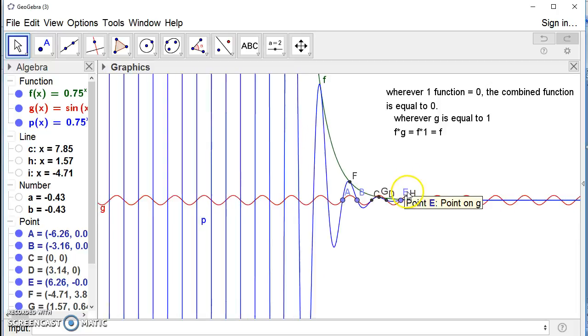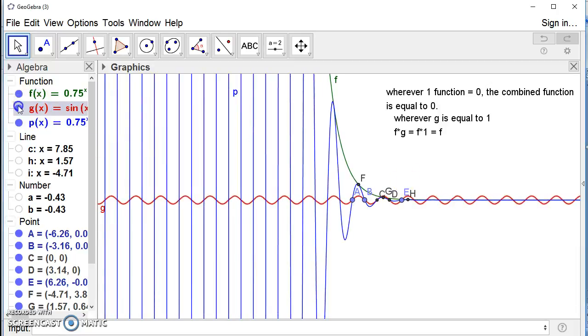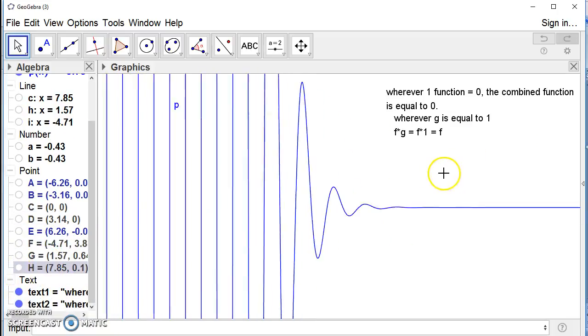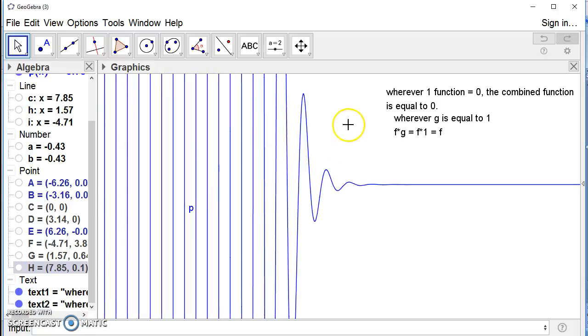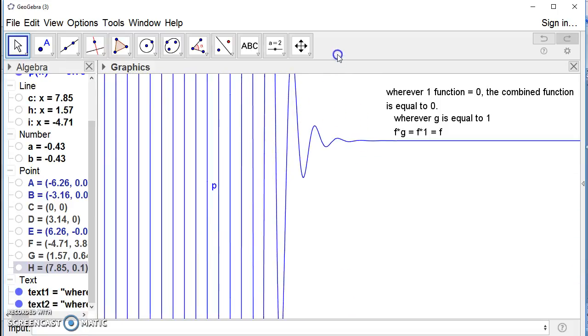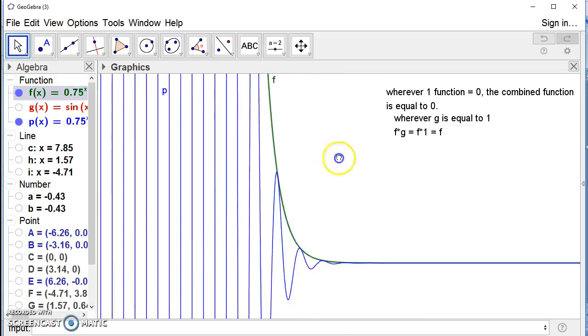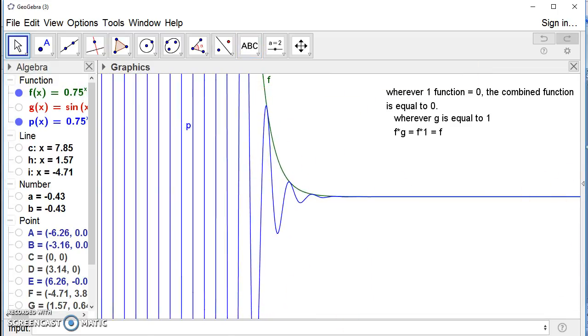Like I say, it's a wave that, if we get rid of all these points, you can see a bit better, has exponential decay in it. The amplitude of the wave is decaying in an exponential way over time, and that's the picture you get. It's consistent with the exponential function rising in that manner.